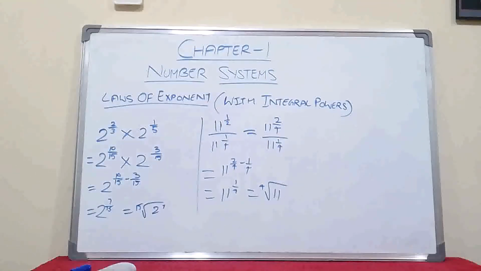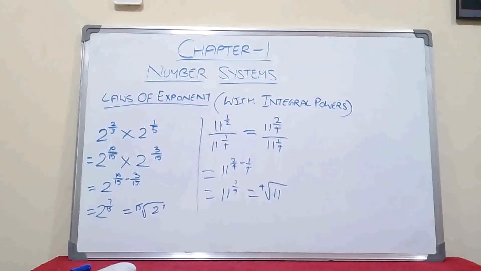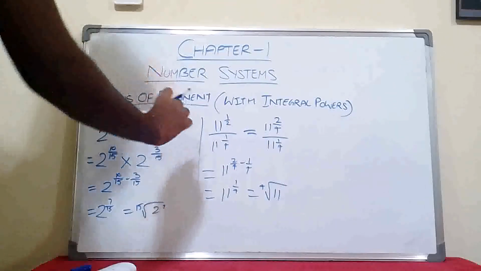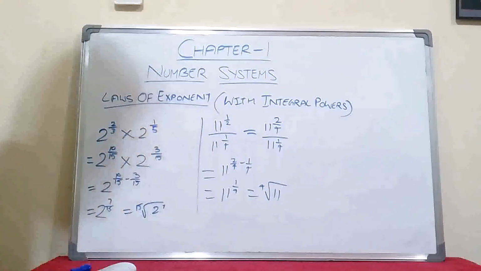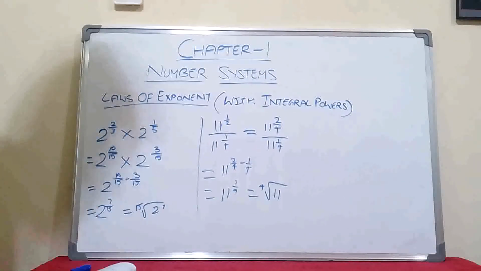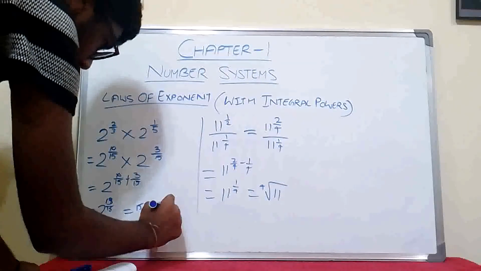Here is how we multiply and divide numbers with fractional powers. Here the fractions are unlike terms, so we first make them like by finding the LCM, and then, sorry, it should be 13, we add them.